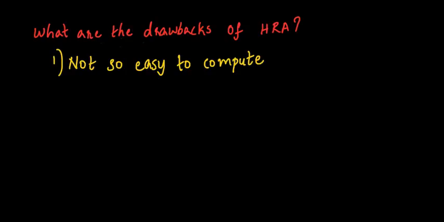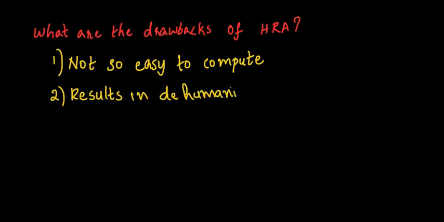The so-called asset, after getting enriched within a company, may simply disappear, causing irreparable loss to the company. 2. Results in dehumanizing human resources. For example, a person having a lower value may feel discouraged, and this in itself may affect his competence in work.